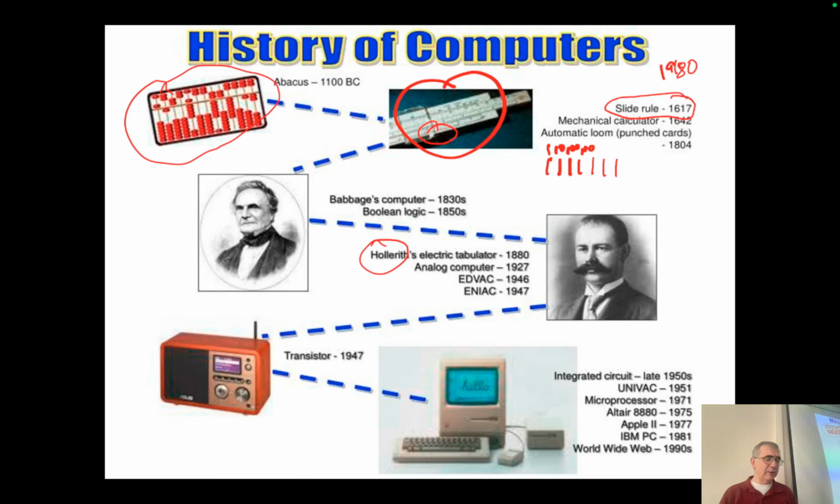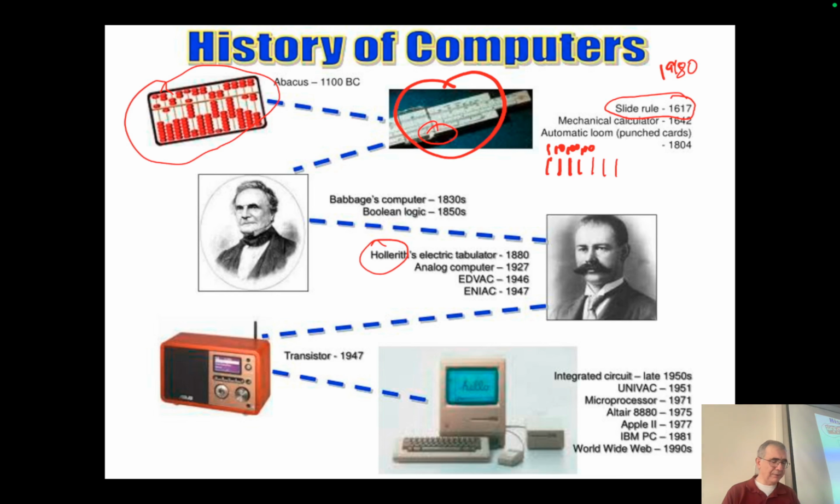The first analog computer was made in 1927, and then digital computers started to be used around the Second World War. So representation of quantities as digital was important.